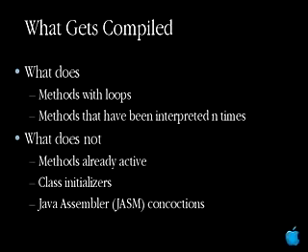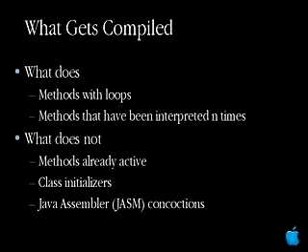Okay, so what gets compiled? There are probably all kinds of myths about magic heuristics that we use to figure out what method gets executed. There is some truth to the rumors, but generally, the things that get compiled into native machine code are primarily methods that have loops, and methods that have been interpreted n number of times.